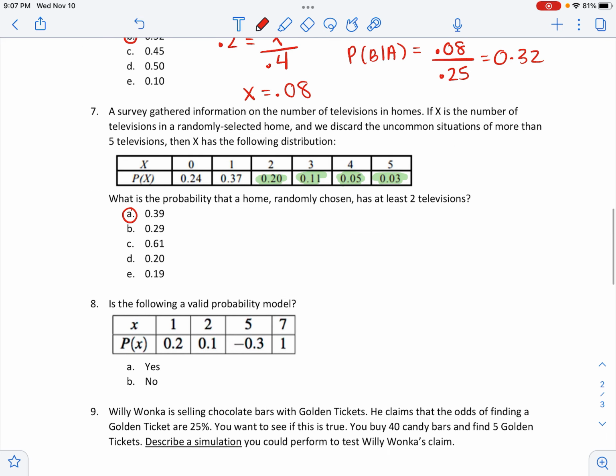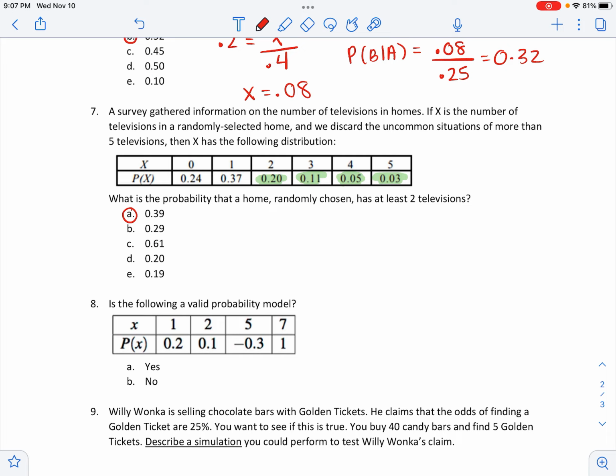All right, in question 8, is the following a valid probability model? The answer is no. There are 2 reasons why the answer is no. First off, if I add these probabilities, 0.2 plus 0.1, actually they do add to 1. Well, then that's not the reason.